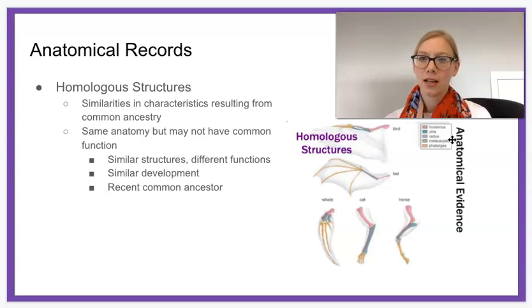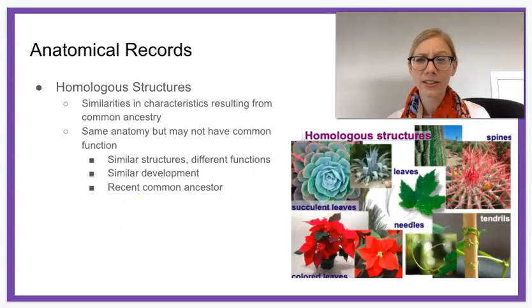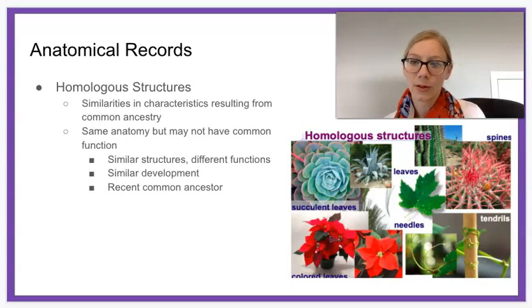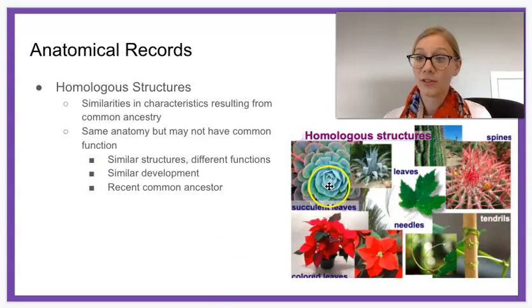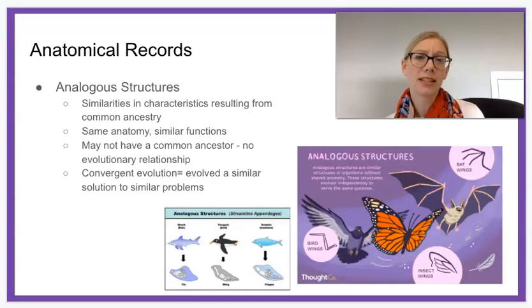A bat, a bird, and a horse aren't really using them for the same function. We can also see this in plants, when we look at a typical leaf versus succulent leaves versus spines. They have commonalities and yet differences in how they use them. Okay, something to think about.